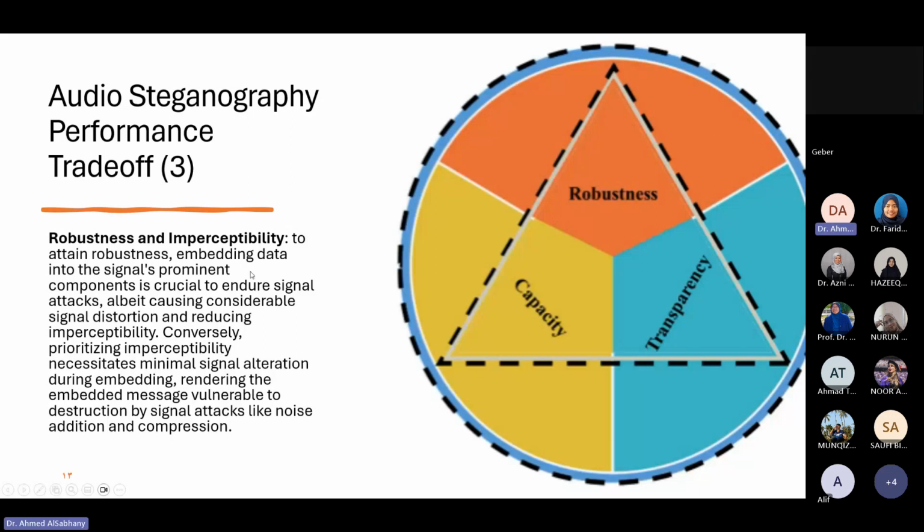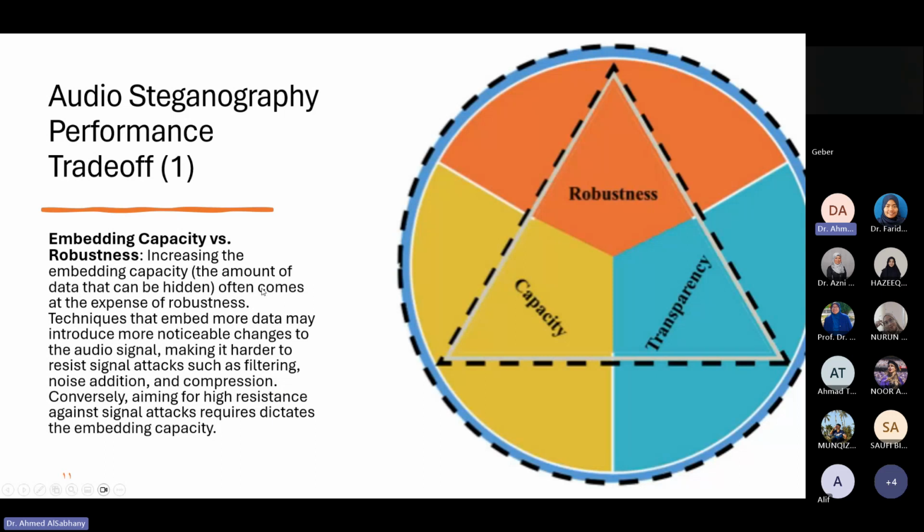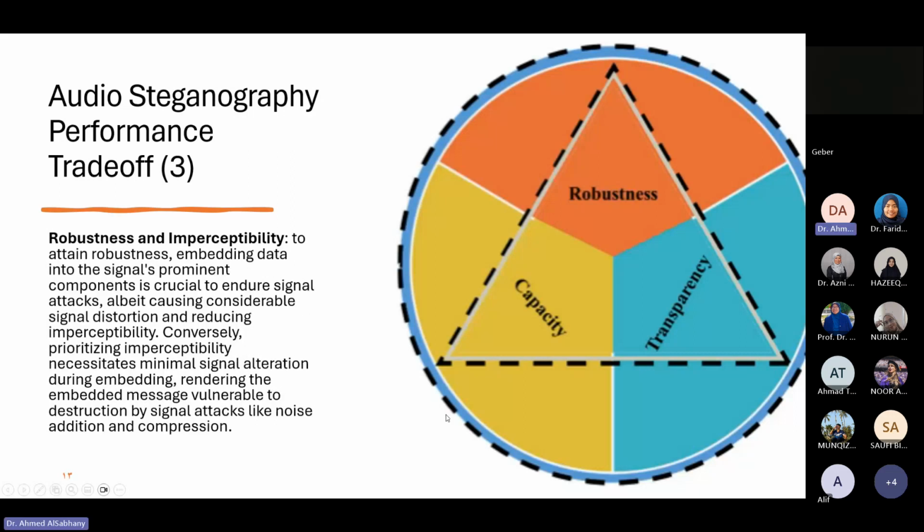So these are three trade-offs, and as we introduced, improving one aspect is reflected negatively on the other two. Okay.